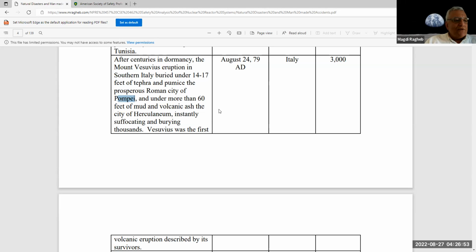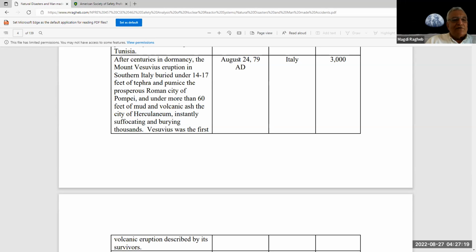And it buried it under 60 feet of mud and volcanic ash. Later on, they discovered another city also, Herculaneum, and the gases from the volcanic eruption suffocated and buried the population in general. Vesuvius was the first volcanic eruption described by its survivors.